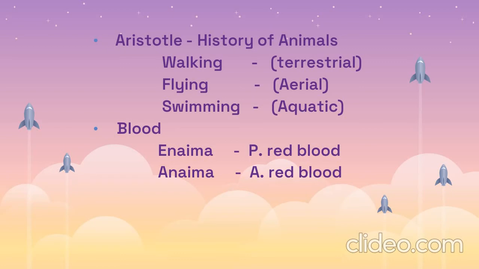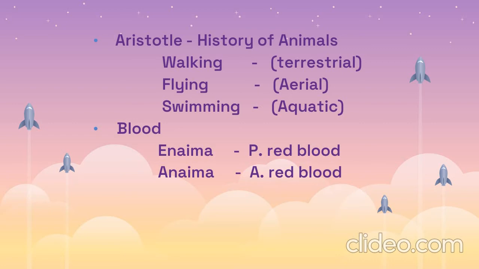So the organisms which have RBC are known as enaima, and those which do not have RBC are considered anaima. Is it clear?